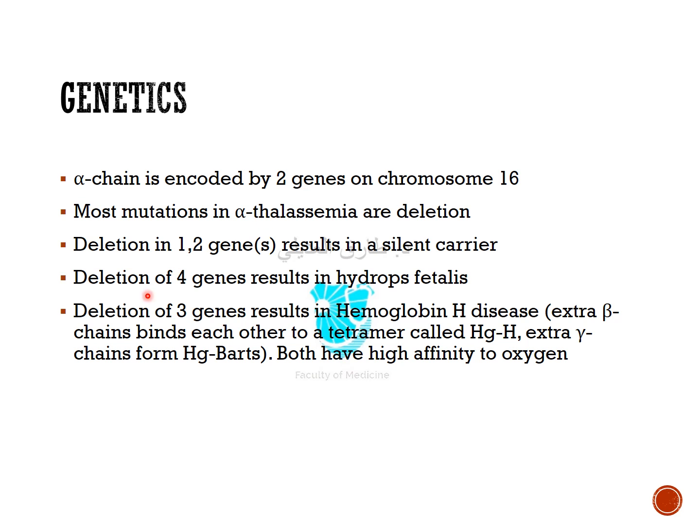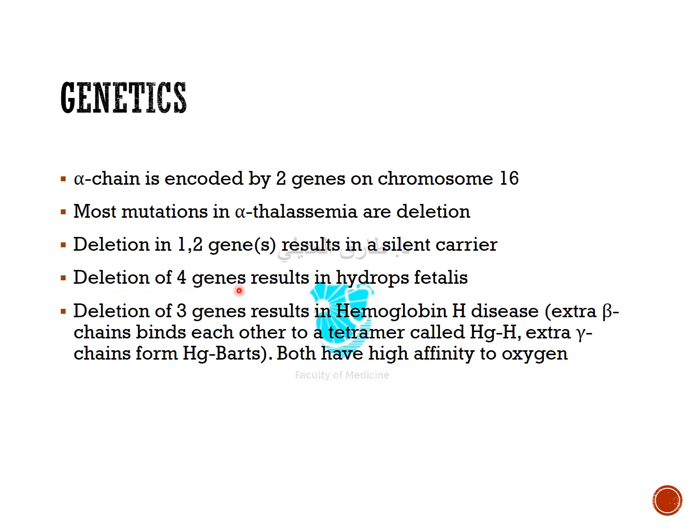We have 2 or 3 genes that are still functioning, so the patient will be either only a silent carrier or have very minor symptoms. So deletion of 1 or 2 genes in alpha doesn't cause a clinical disease. Instead, the patient becomes a carrier and can transmit the disease to the next generation.